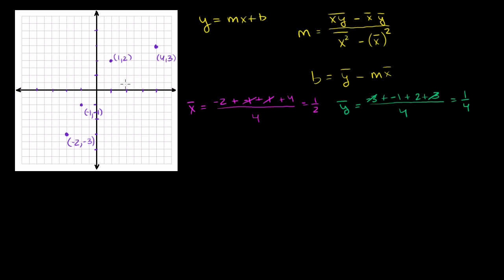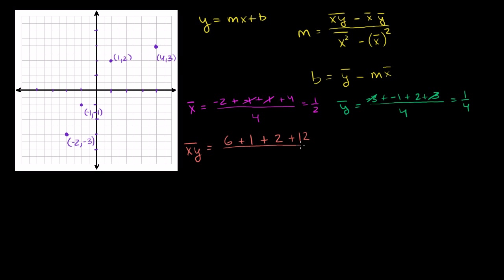Now let's figure out the mean of the xy's. So x times y, the mean of that. Here we have -2 times -3, which is +6, plus -1 times -1 is +1, plus 1 times 2 is 2, plus 4 times 3 is 12.